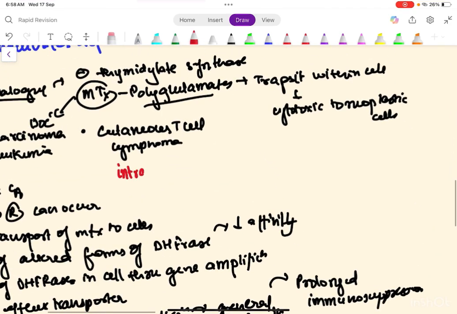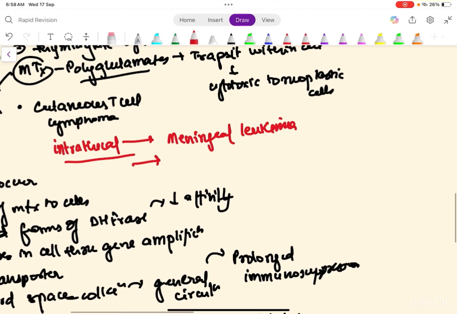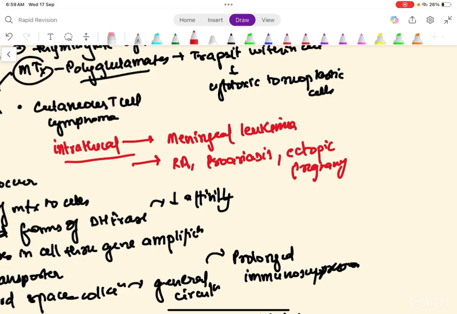In intrathecal administration, you basically give it for meningeal leukemia. Okay, and other uses are rheumatoid arthritis, psoriasis, ectopic pregnancy, and so on.